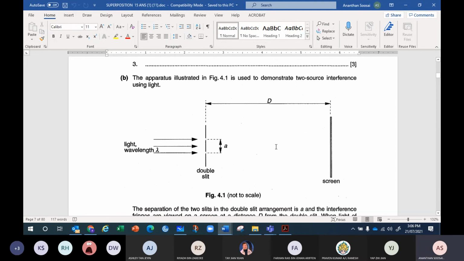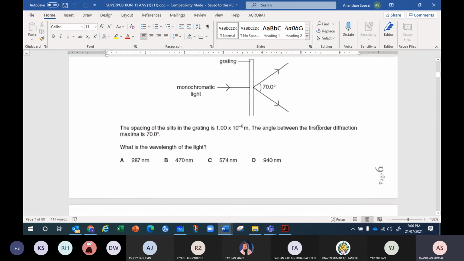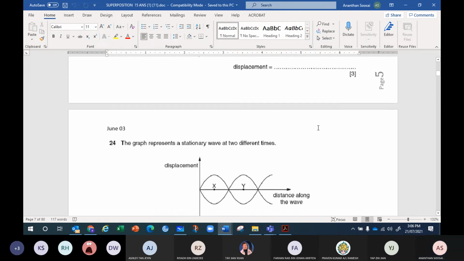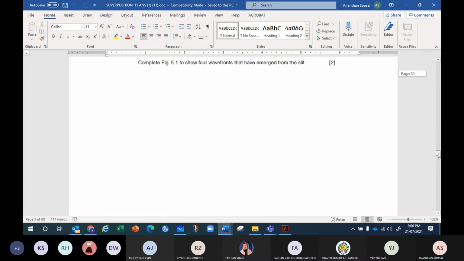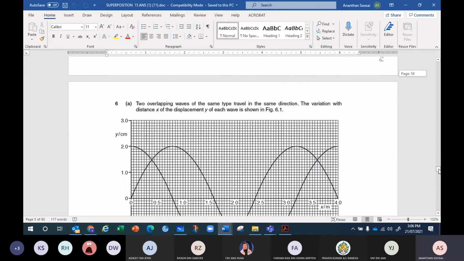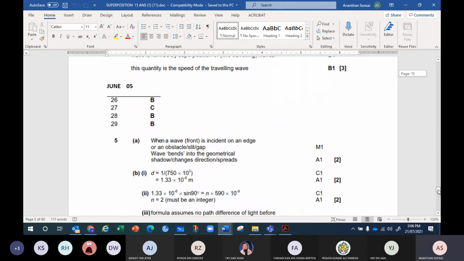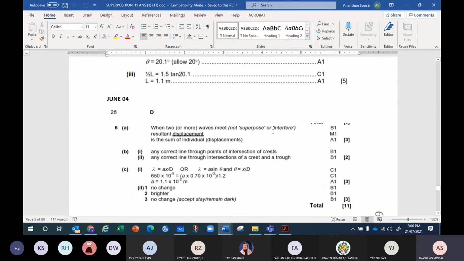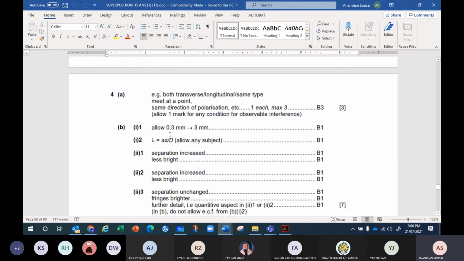So here the distance they didn't tell. Okay, it's for this one, June 3. Just want to show the answer. So this is the range given, 0.3 mm to 3 mm.